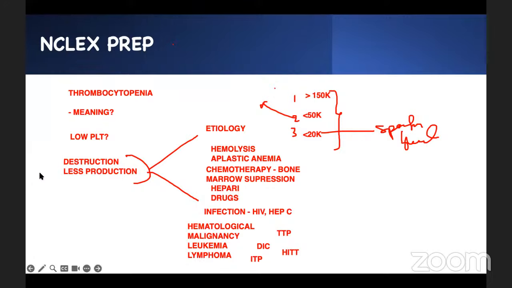Okay. Now you got to know what is the function of the platelet. What is the main thing it does? It forms a plug. The platelet plug is not coagulation. So coagulation is not anticoagulation. You see, that's why we don't call it anticoagulant.